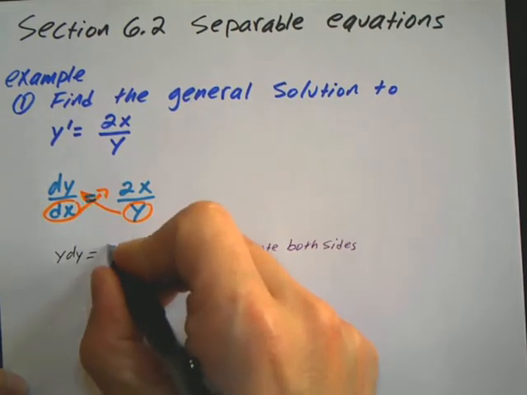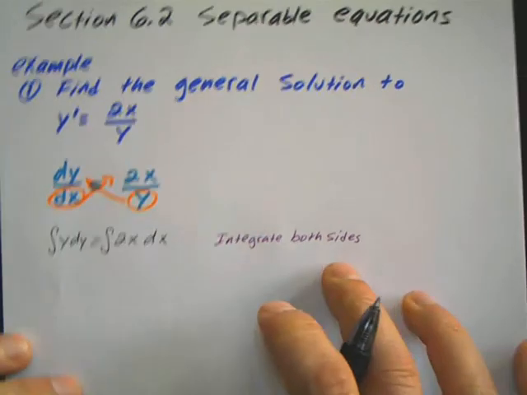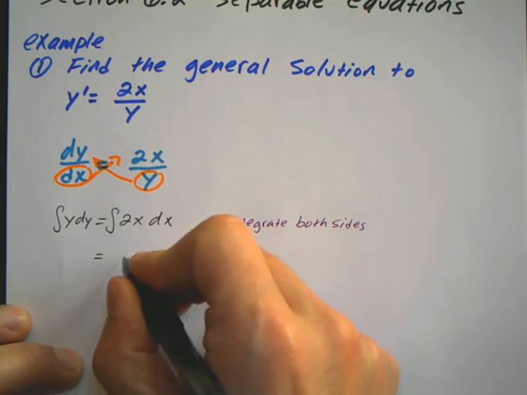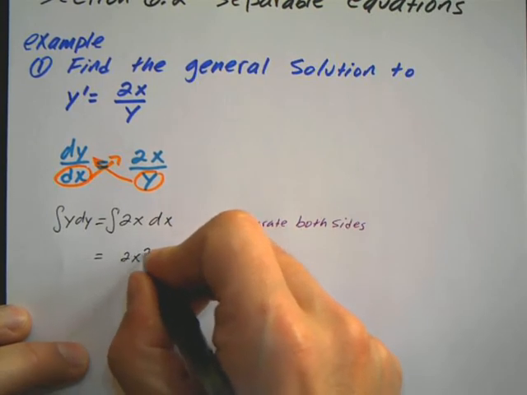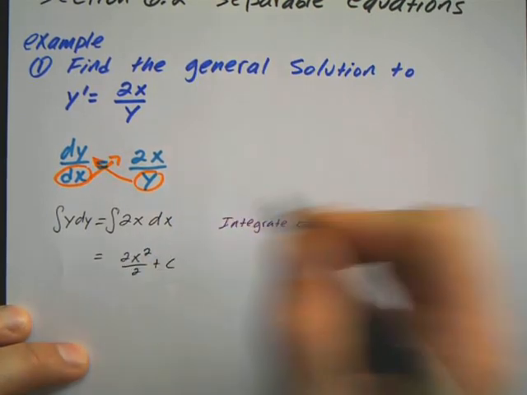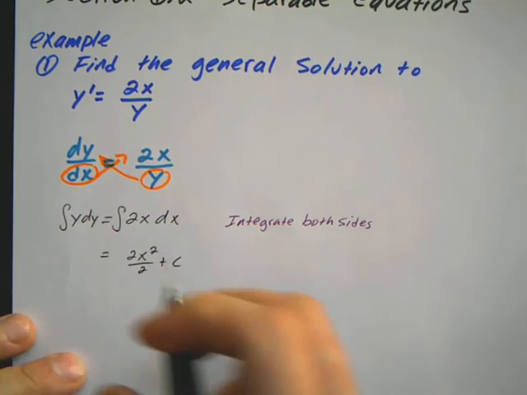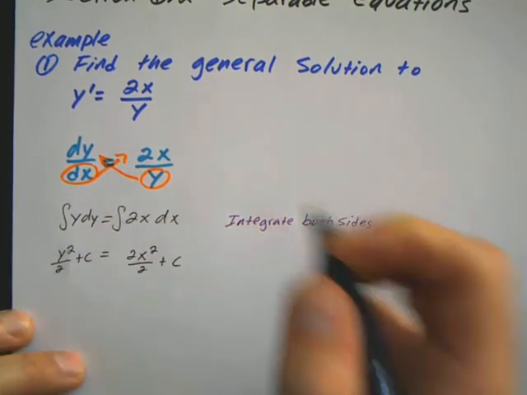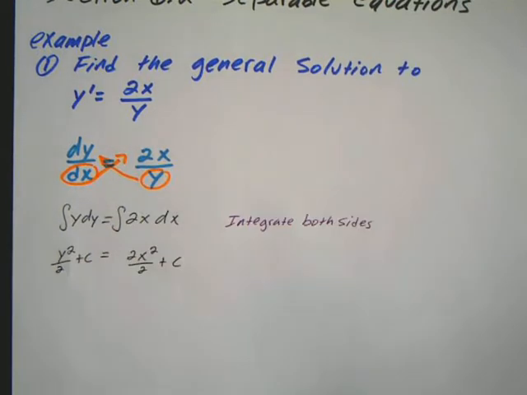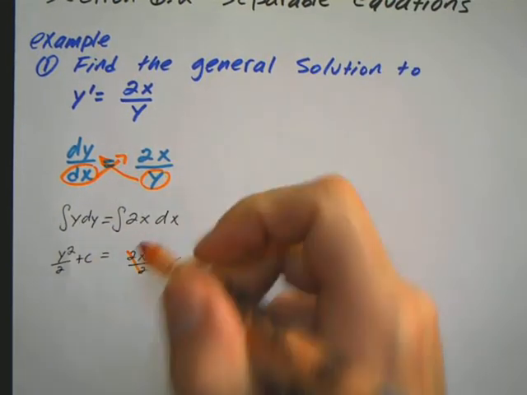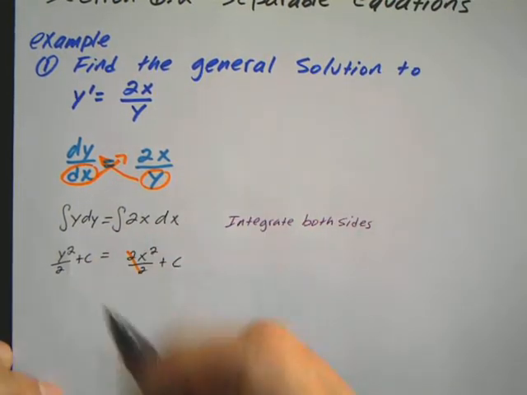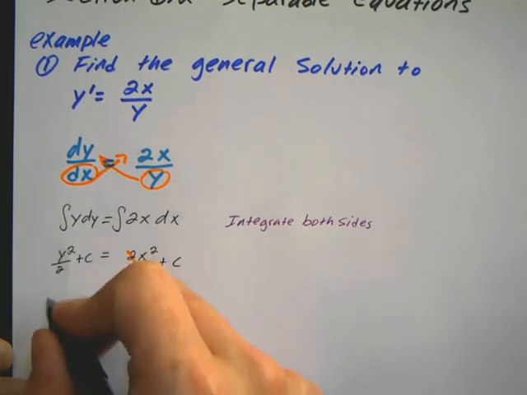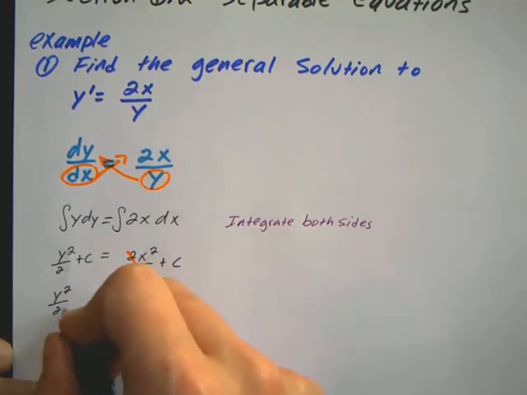So the integral with respect to x over here is going to be 2x squared over 2 plus c. The integral on this side is going to be y squared over 2 plus c. I can simplify. I can reduce these 2's. So I end up with x squared plus c equals y squared over 2 plus c.